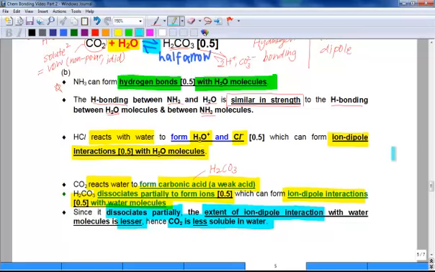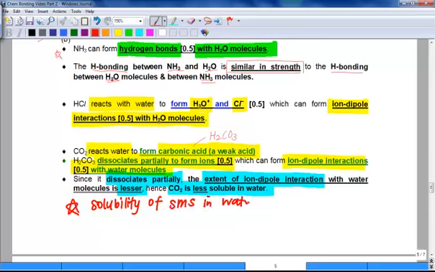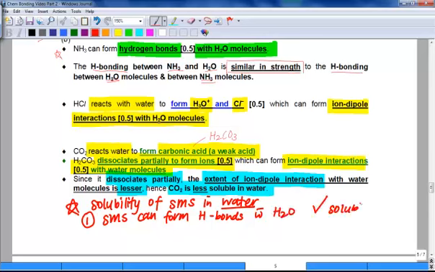So as a summary, this question is actually talking about solubility of simple molecular structure compounds in water. So very simple. Number one, if the SMS can form hydrogen bonds with water, it is definitely soluble.